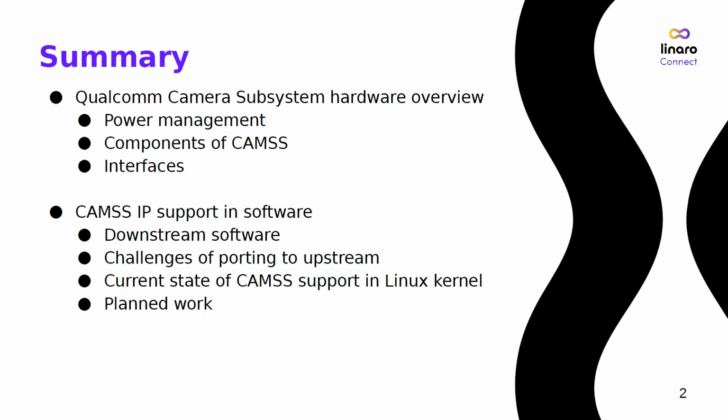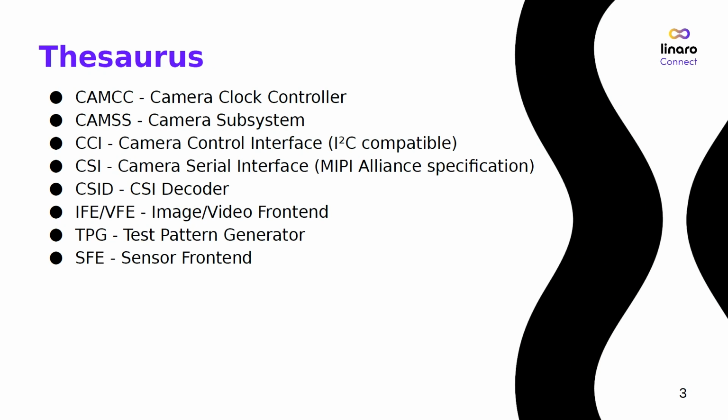Okay, so the plan for today's presentation is a brief overview of hardware components and a brief overview of software components, downstream and upstream. Let's start from the acronyms and terms.